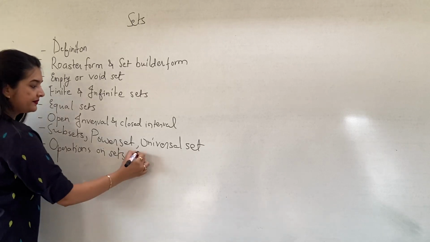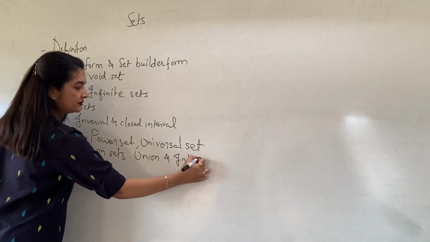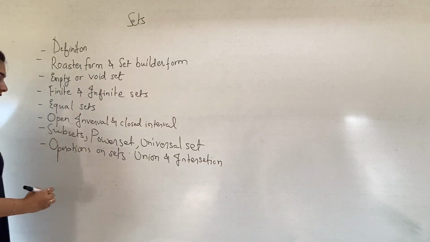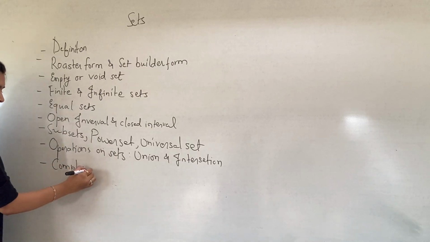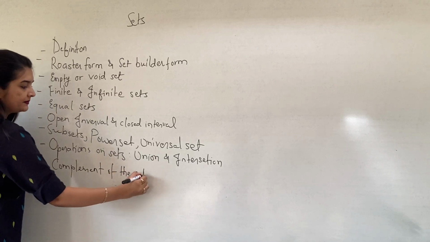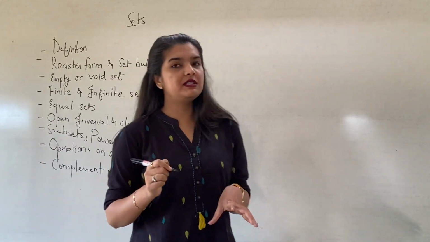Those are union and intersection. And the last is the complement of the sets. So this is the overview of this particular chapter.